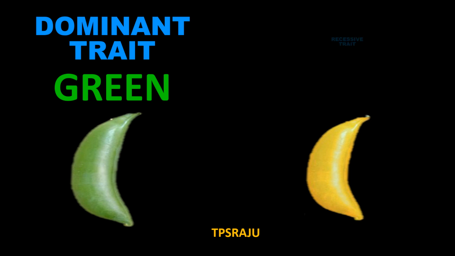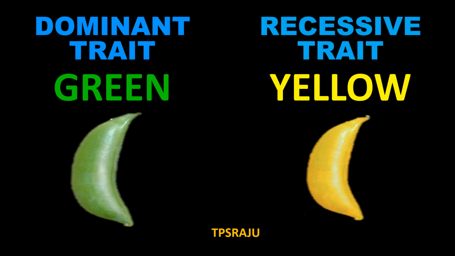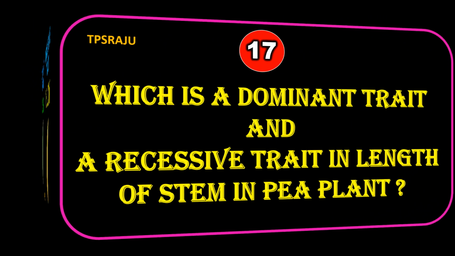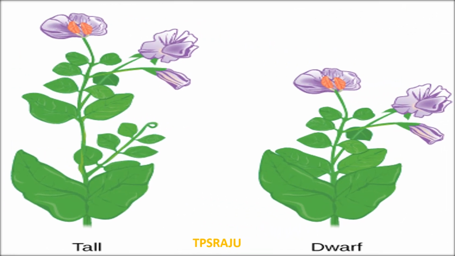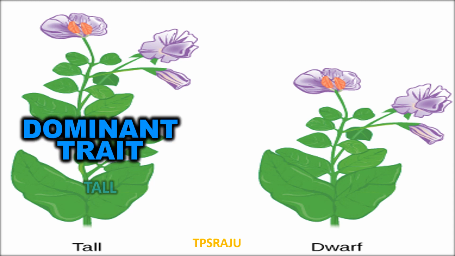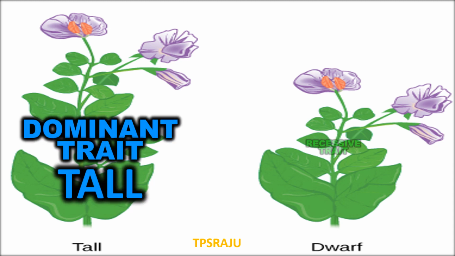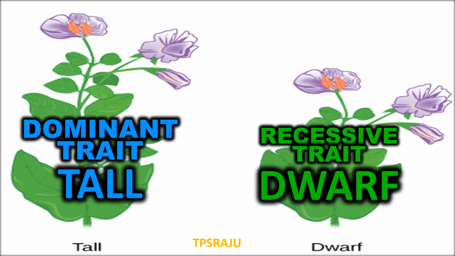Dominant trait is green, recessive trait is yellow. Which is a dominant trait and a recessive trait in length of stem in pea plant? Dominant trait is tall, recessive trait is dwarf.